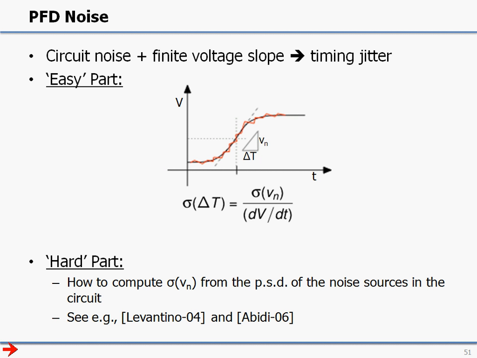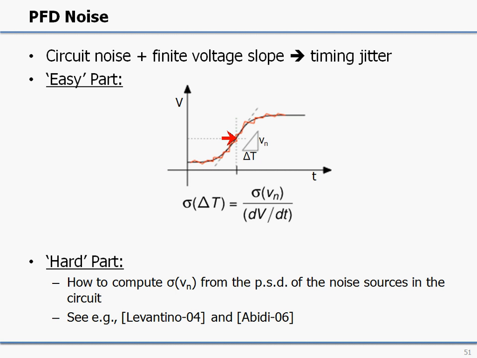This is actually quite a tricky problem, but let me try to give you some qualitative explanation of how we go about analyzing this. So these are logic circuits that we are dealing with, and they will make a transition, as shown in black is the ideal transition, but in reality there will be noise at the output of these circuits, and that noise will add to the real signal, and the zero crossing of the transition will be modulated or pushed around by that noise.